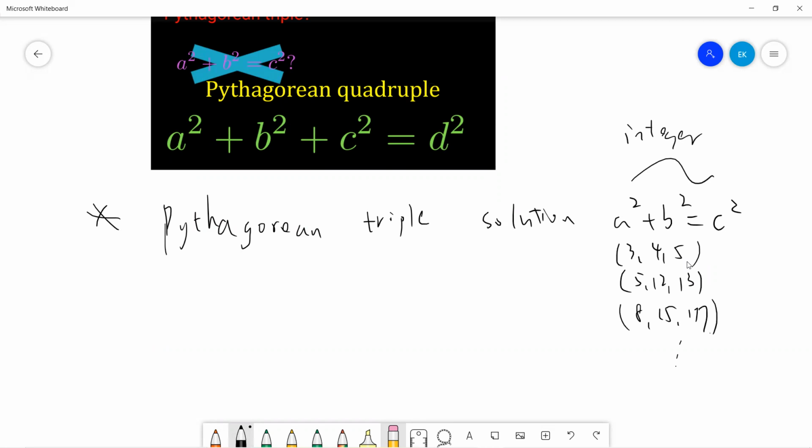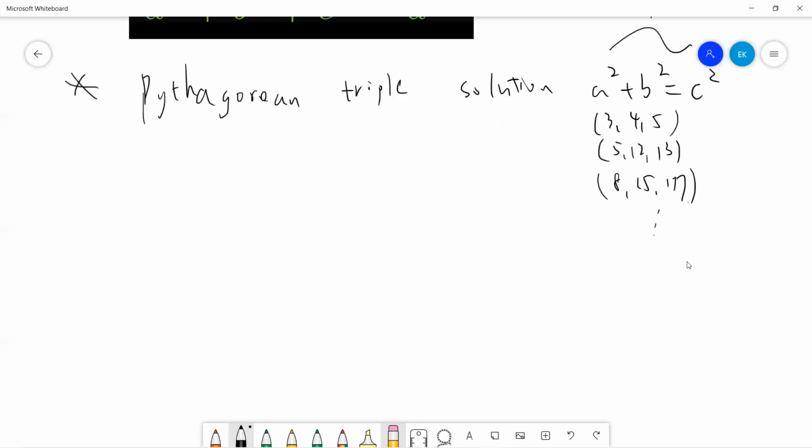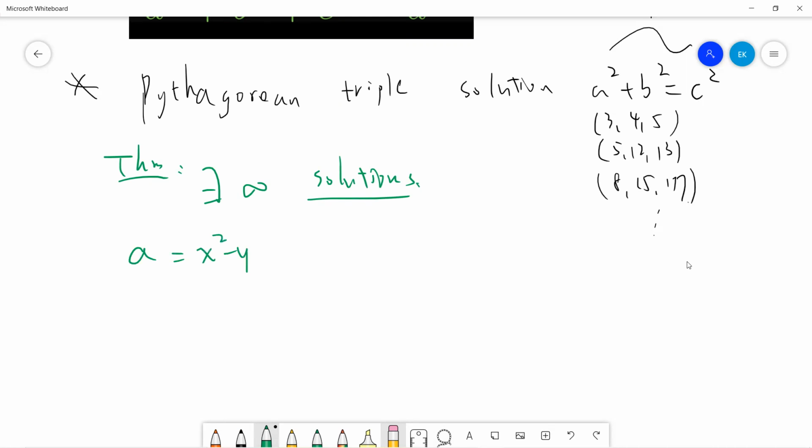Okay, so the theorem, which is very old, maybe 2000 years old, is that there are infinite solutions. And which is really amazing, if you let a be x squared minus y squared, b be 2xy, it is easy to check that c is x squared plus y squared.